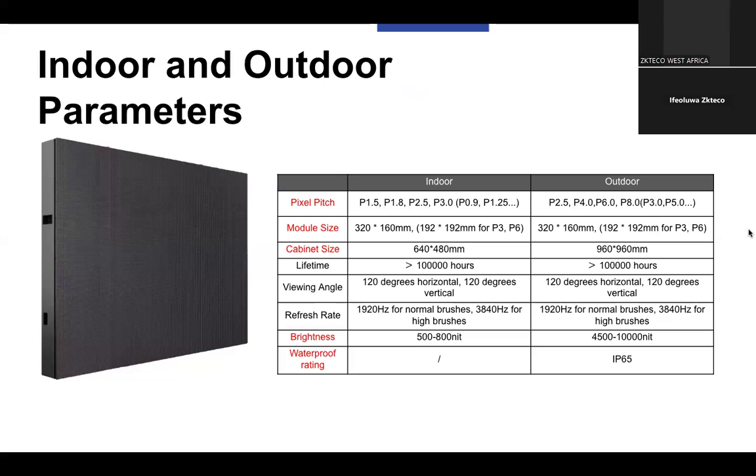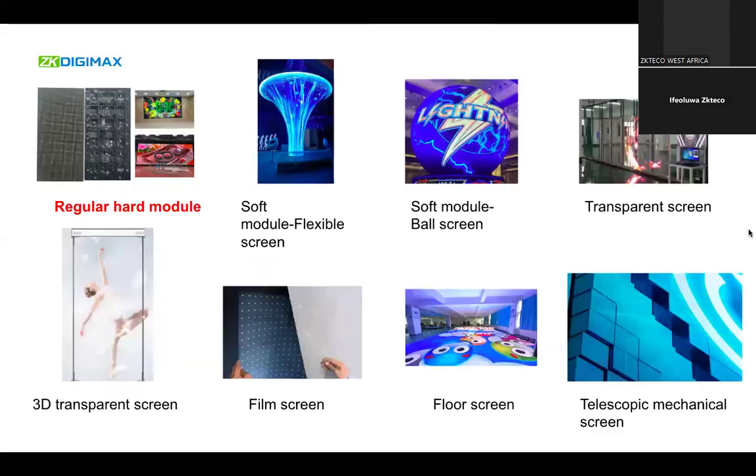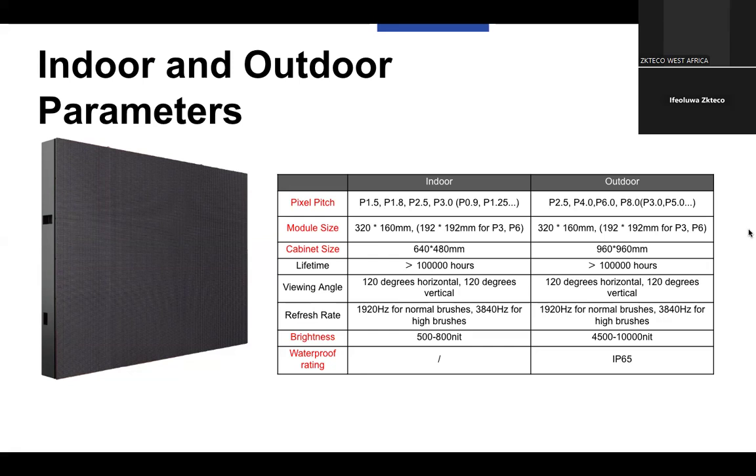So I'm going to be talking a little bit about the indoor and outdoor screens, which is a category of the regular hard module. So the indoor and outdoor screens come in two different types, and these types vary in relation to their pixel pitch. So pixel pitch is just basically the distance between two lamp sides.